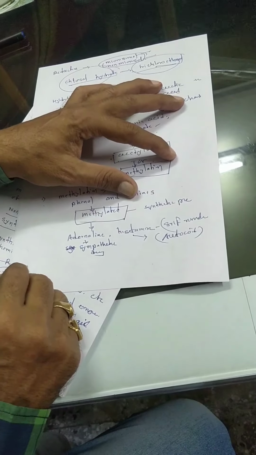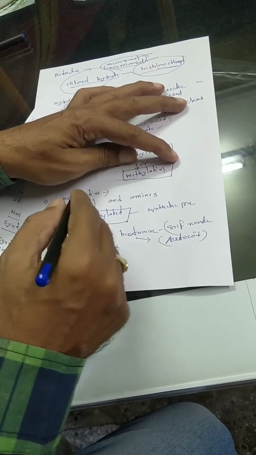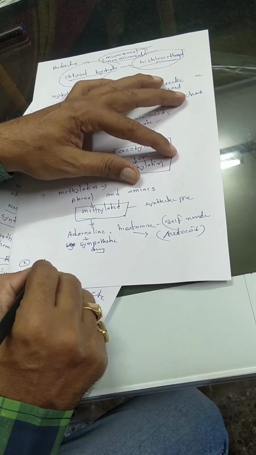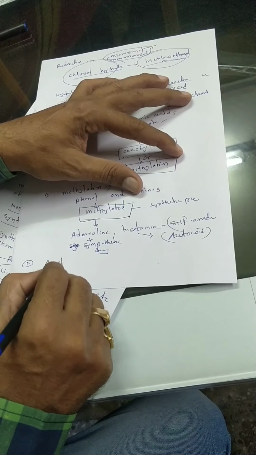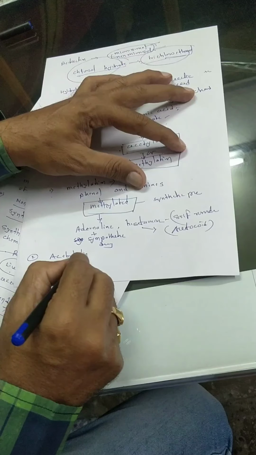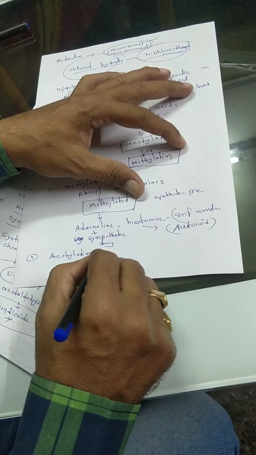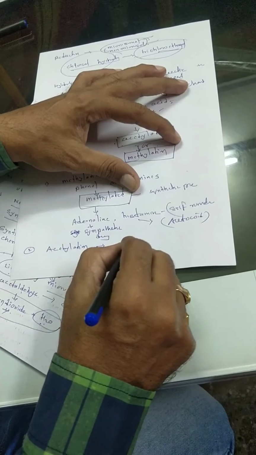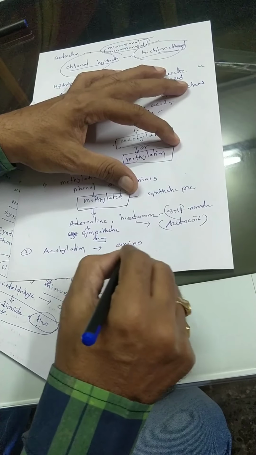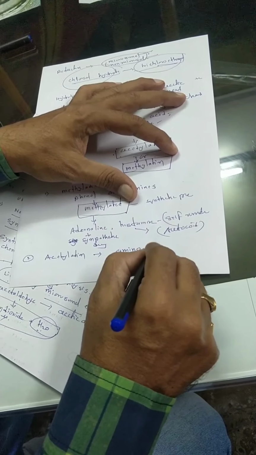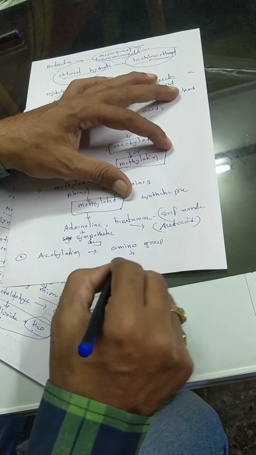Another example, you can take acylation. What is this synthetic process? Acylation: a compound having an amino group can be acylated.